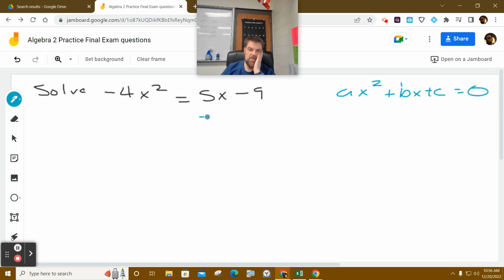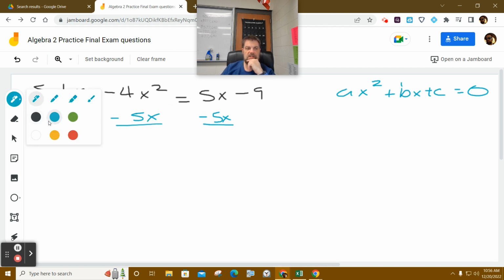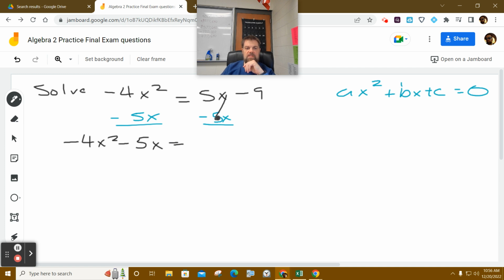So let's do that. I'm going to subtract 5x from both sides. 5x is not a like term with the x squared, so this just becomes negative 4x squared minus 5x. Over here, 5x minus 5x equals 0.